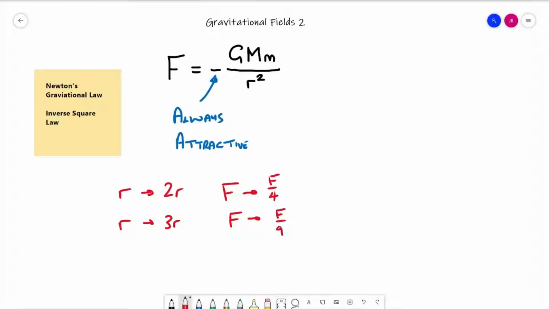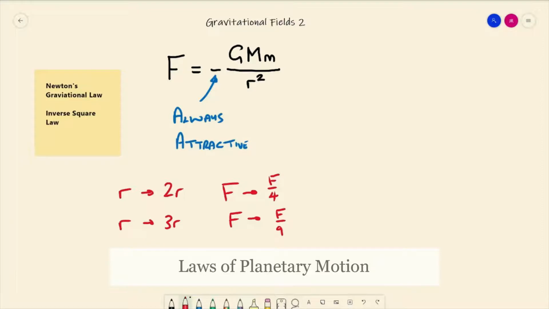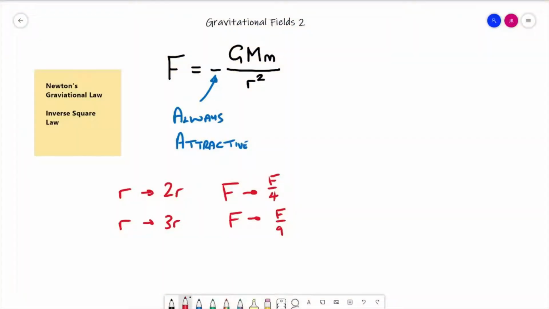What we're going to move on to now are Kepler's laws of gravitational motion. Now, just to give you a bit of historical context first, Kepler, or Johannes Kepler, was a German mathematician and astronomer, and he formed what we're about to see as his 3 laws of gravitational motion.